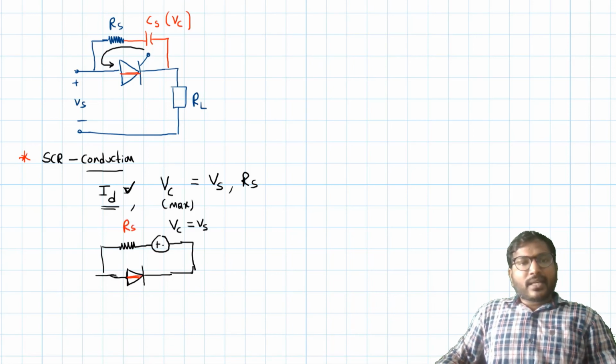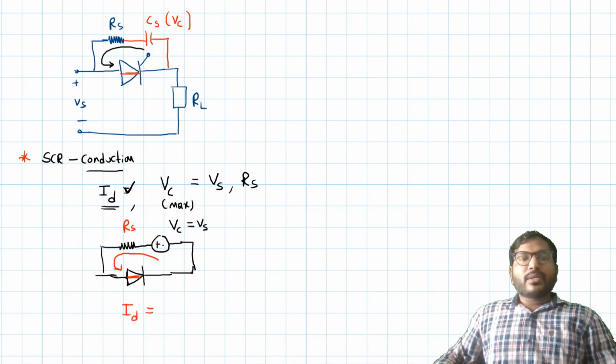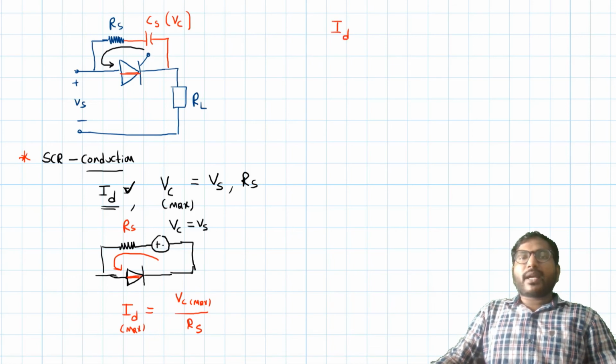This is Rs, and the discharging current is passing in this direction. Let us suppose ID is the discharging current. ID maximum is equal to Vc maximum divided by its path resistance, that is Rs. So the maximum discharging current ID is equal to the supply voltage Vs by Rs.